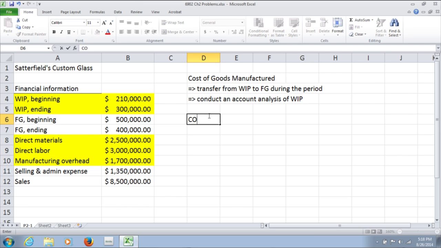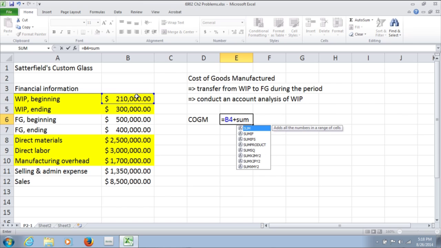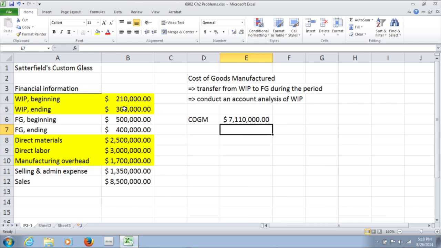So the cost of goods manufactured would take the amount that we started with, add, and since these are all the additions to work in process, I will highlight these here, the direct materials, direct labor, and overhead, and then subtract the ending work in process balance. So the amount of the cost of goods manufactured, that is what went from work in process to finished goods, was $7,110,000.